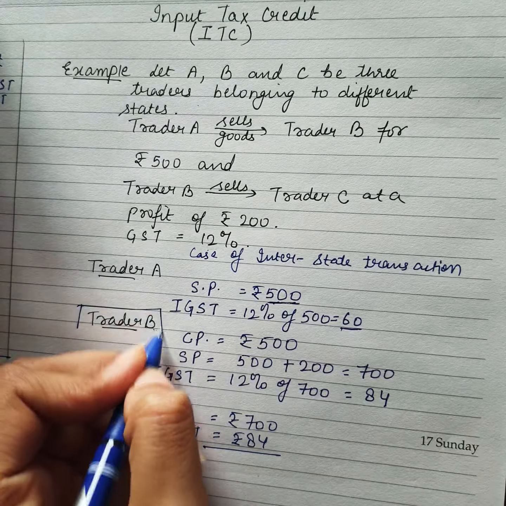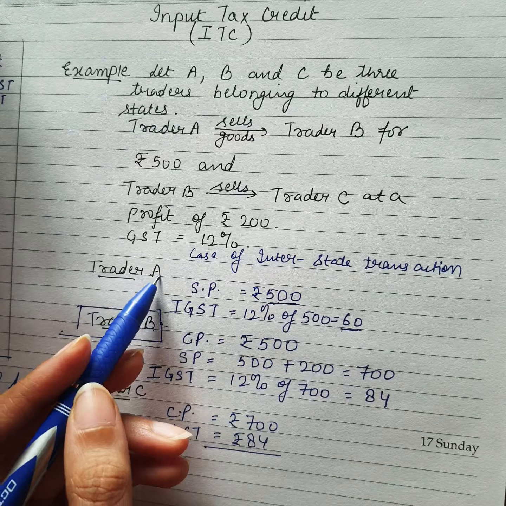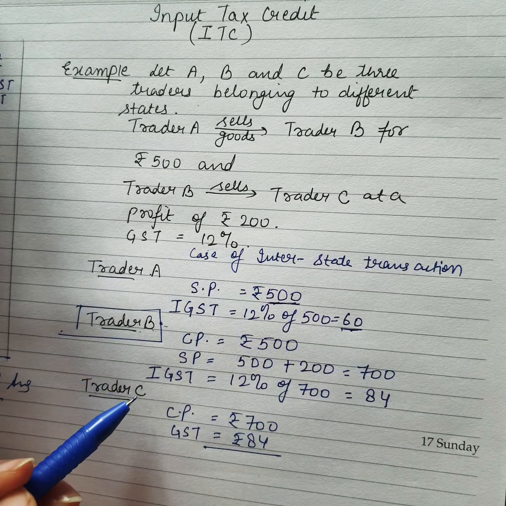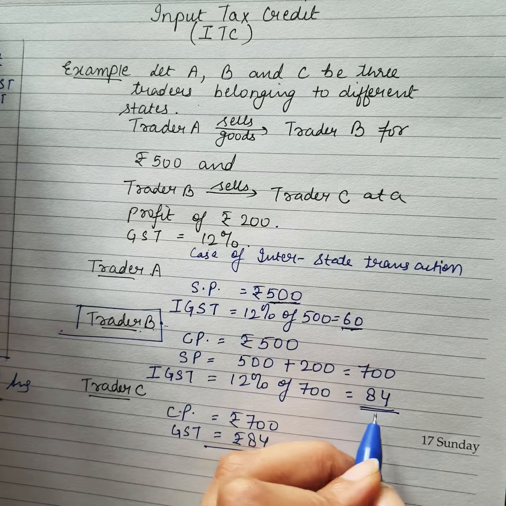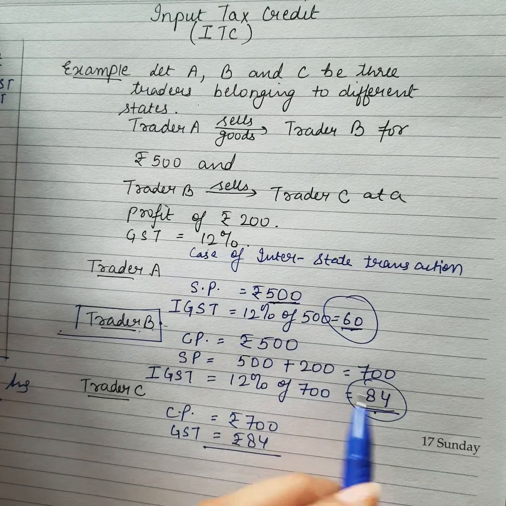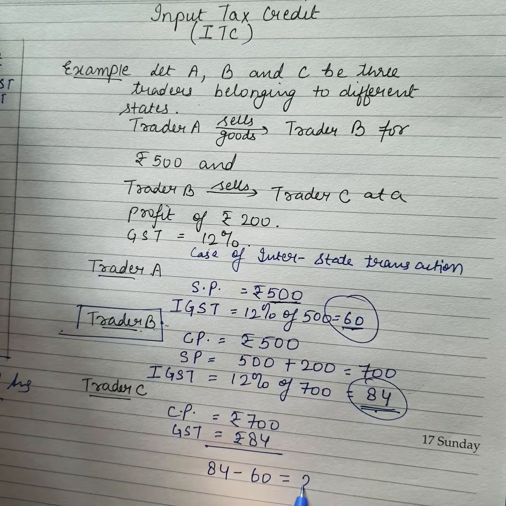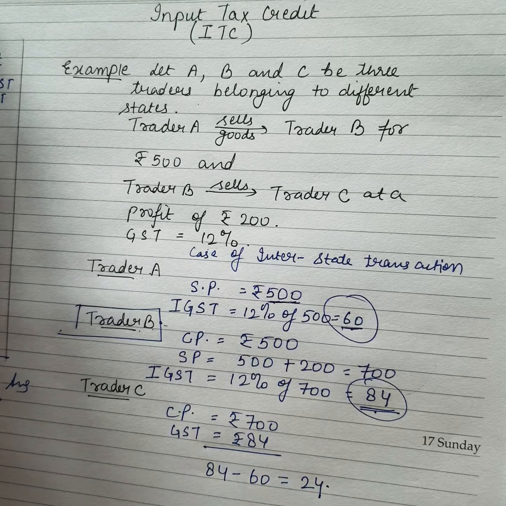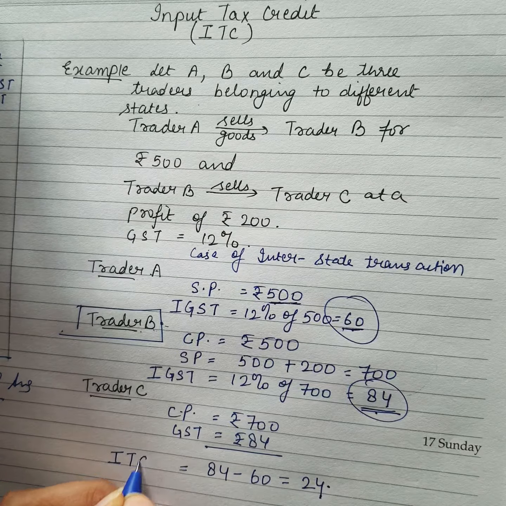Trader B, while purchasing the goods, has paid the GST of 60 rupees and while selling the same goods, he has charged the GST from the customer as 84 rupees. So that means there is a difference in the tax, and this difference is how much? 84 minus 60, 24 rupees, which he has to credit to the government's account. This is known as input tax credit.